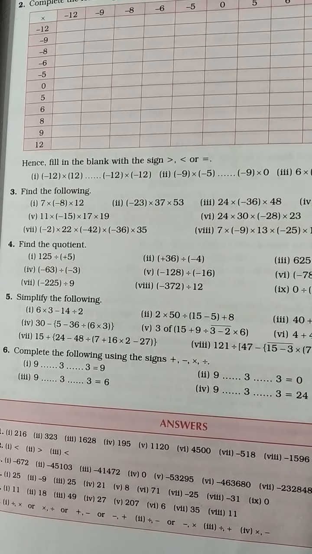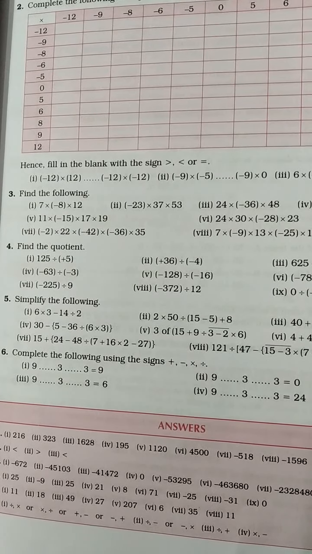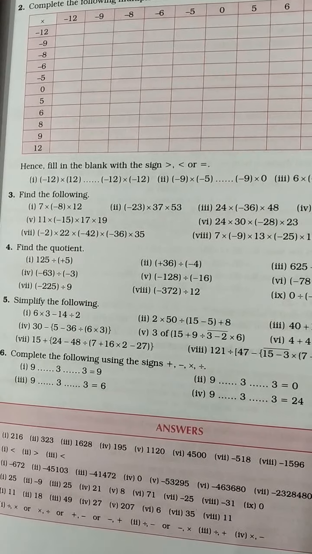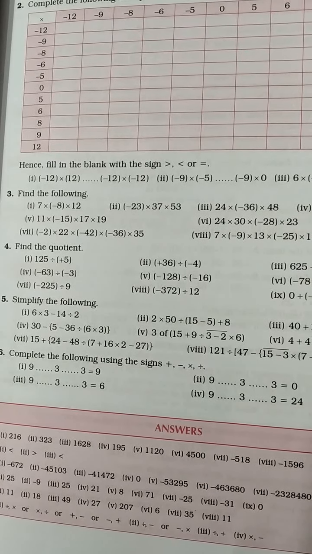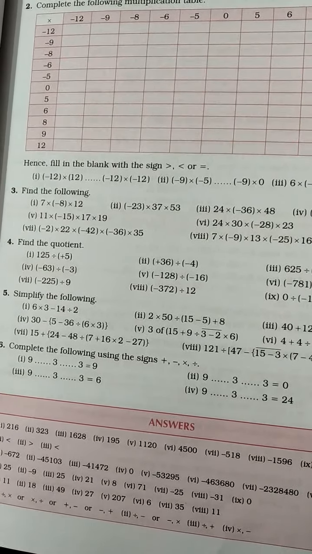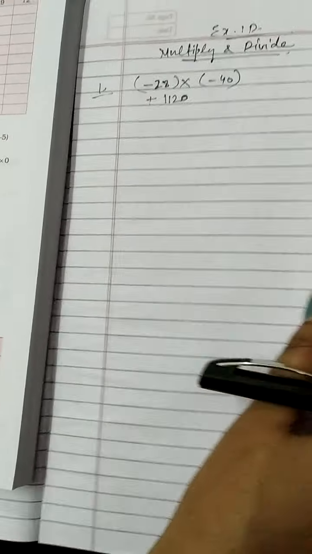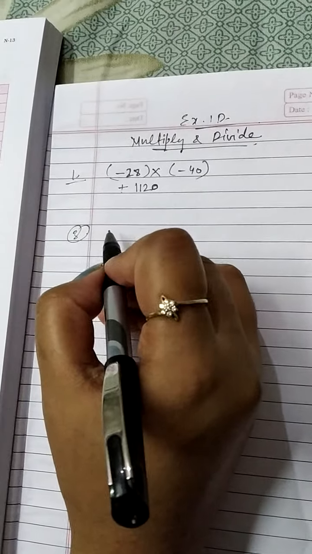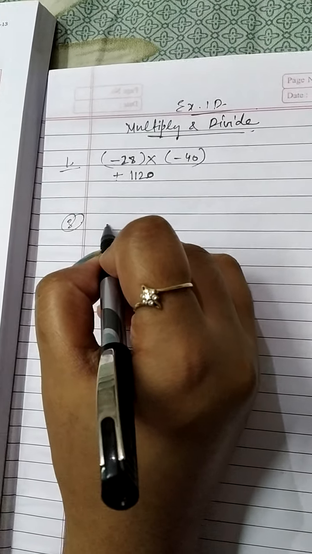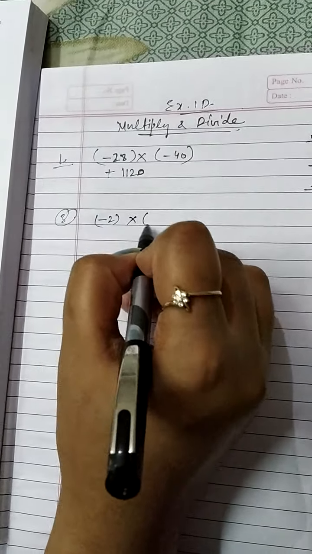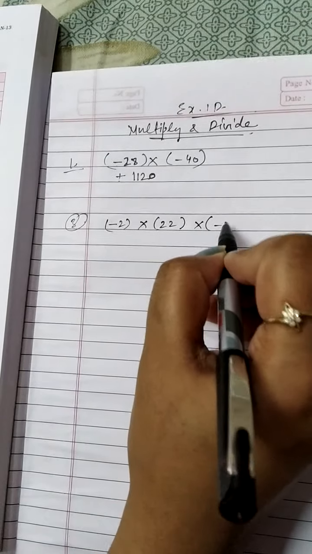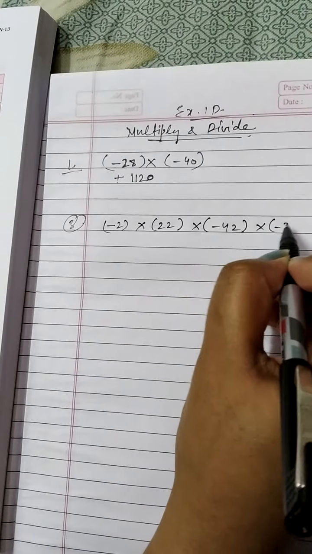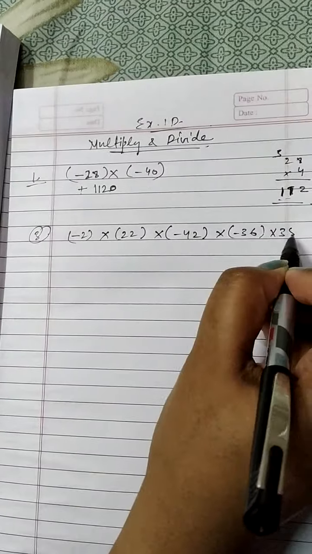Third question also, you can see there are so many numbers with only one sign, that is multiplication. In this, I will explain you one method. When you multiply so many numbers, suppose you have minus 2 into 22 into minus 42 into minus 36 into 35.